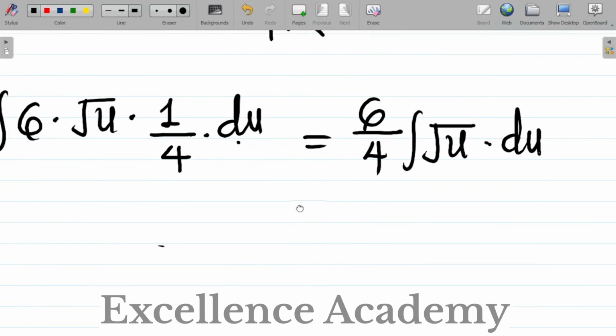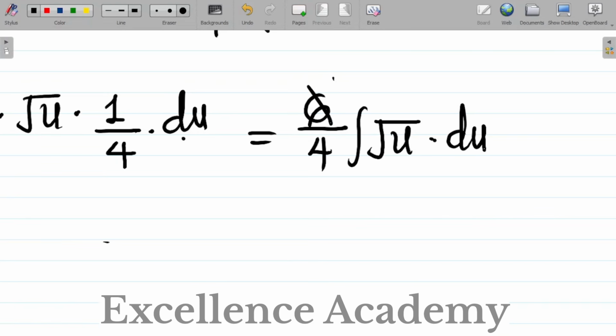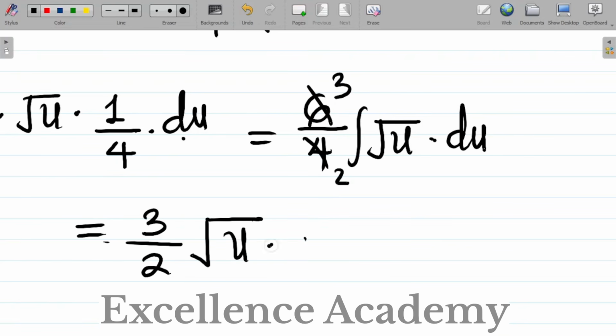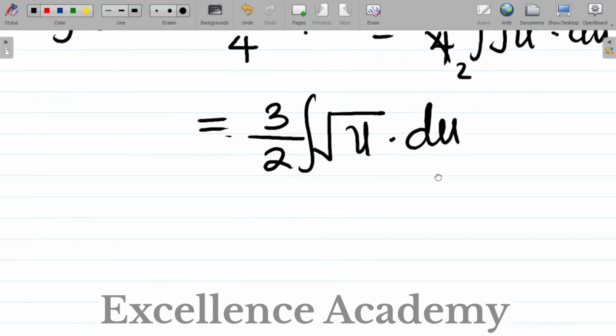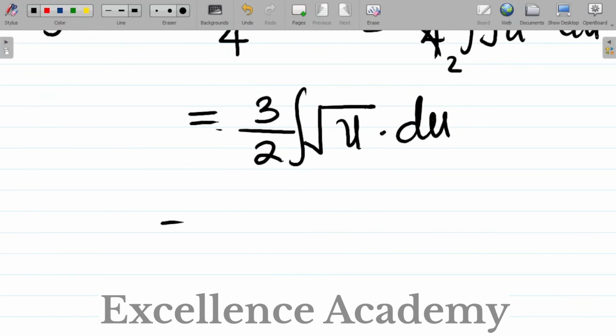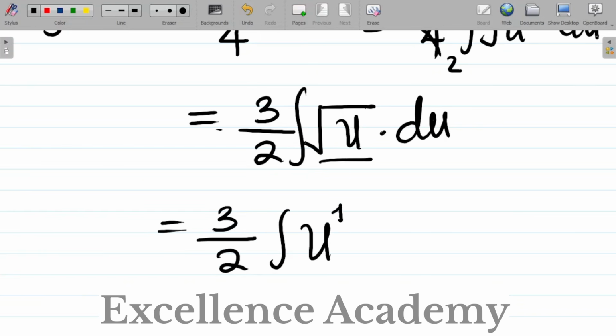We can reduce this to lowest terms. 2 here, 3, 2 here, 2. That will be equal to 3 over 2 times the integral of root u dot du. Proceeding with this, this is equal to 3 all over 2 integral of root u, which is simply u to the power 1 over 2 dot du.